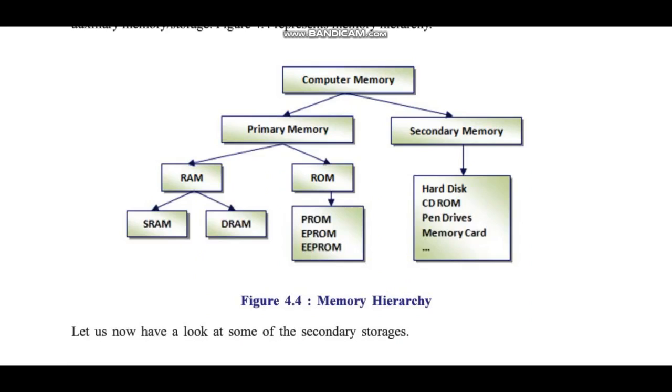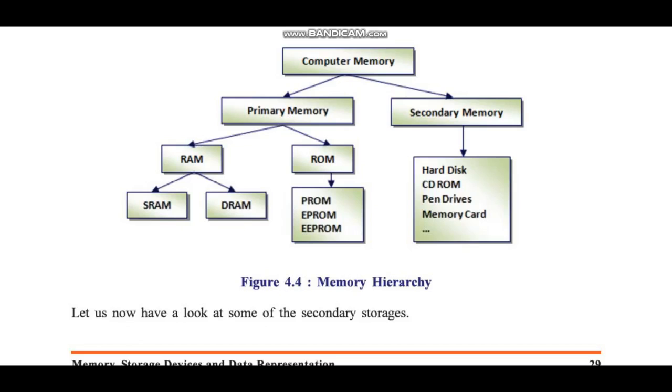In the ROM, there are PROM, EPROM, and EEPROM. On the other side, you can see secondary memory. Examples given are hard disk, CD-ROM, pen drive, and memory card. These all are secondary memory.